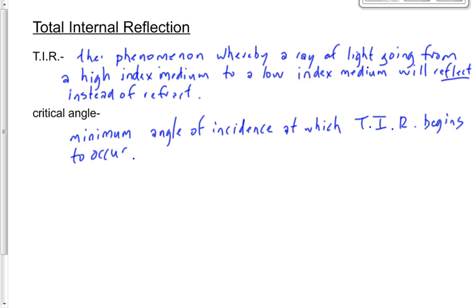It's kind of in between. It skips along the boundary. Anything above that angle, reflection is going to take place, where the angle of incidence will equal the angle of reflection. Anything below that angle, it's going to refract as normal. The minimum angle at which total internal reflection will begin to occur.